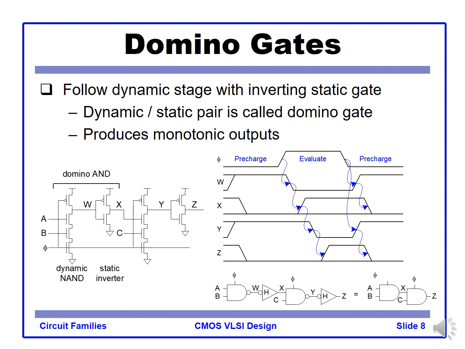To prevent this kind of problem, what we have to do is add the inverting stage here, so that during pre-charge the W is always high, and X goes to low. So the input network here is always disabled, right?